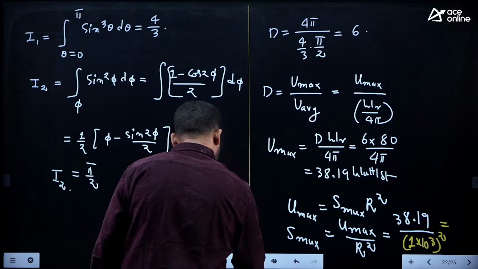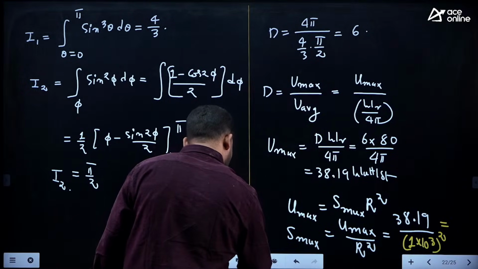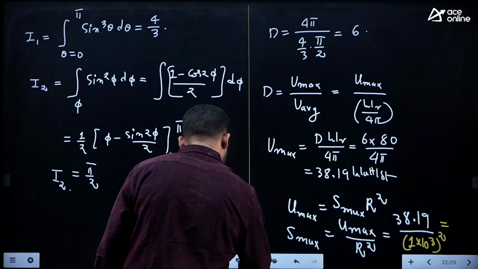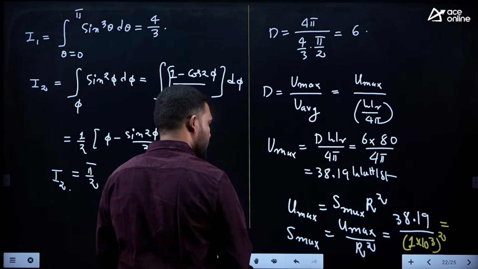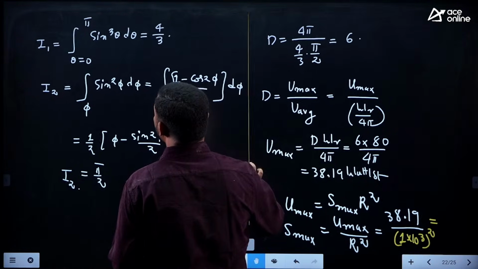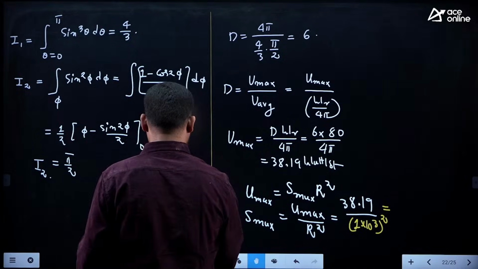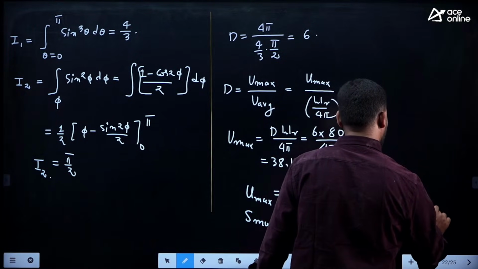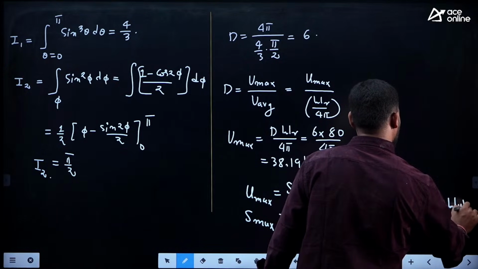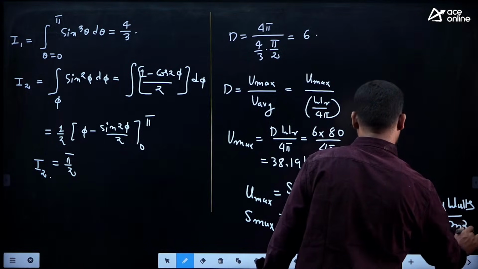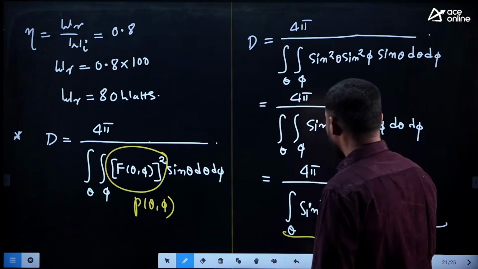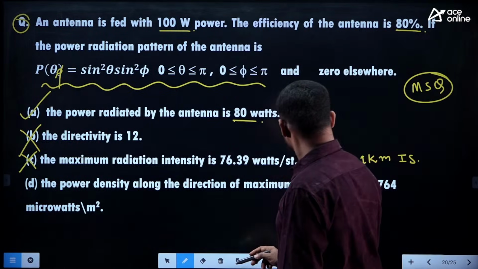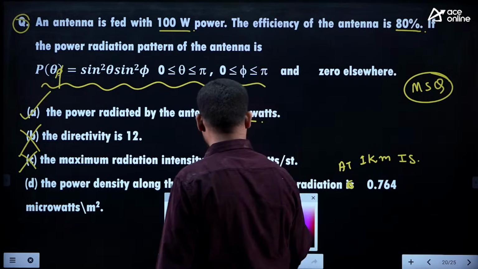So it is 38.19 divided by 10 to the power of 9. So it is 38.19 microwatts per meter square. So obviously, which is not the answer.